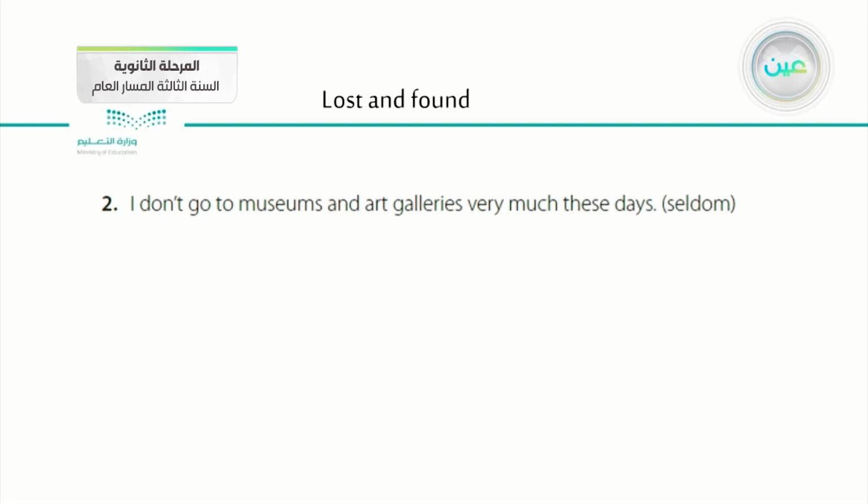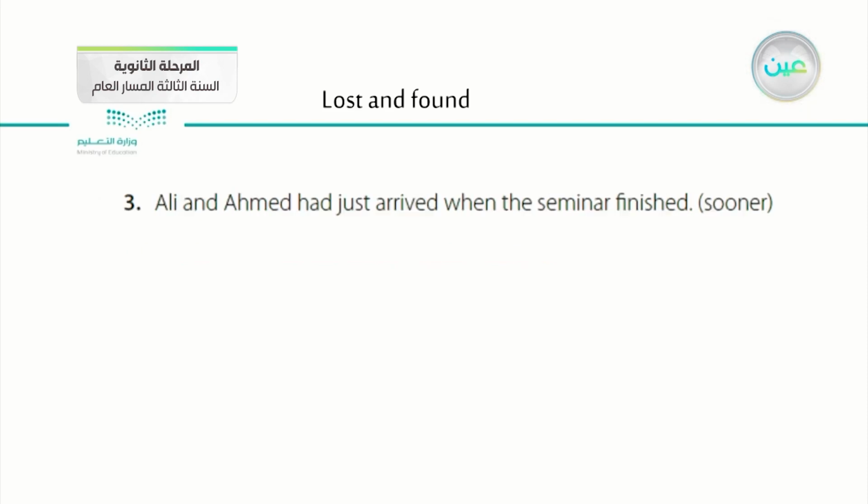Number two, I don't go to museums and art galleries very much these days. So we use seldom. It has become, seldom do I go to museums and art galleries these days. Number three, Ali and Ahmed had just arrived when the seminar finished. So we say, no sooner had Ali and Ahmed arrived than the seminar finished.